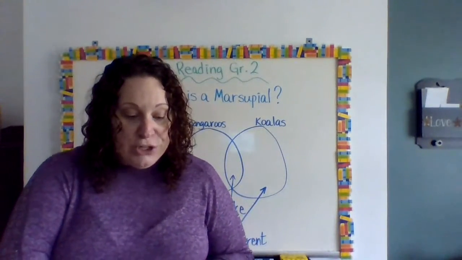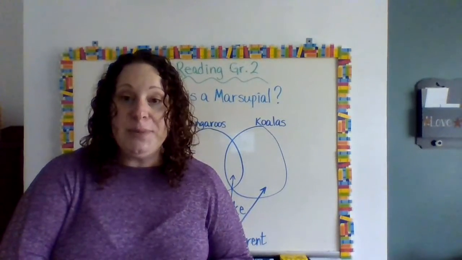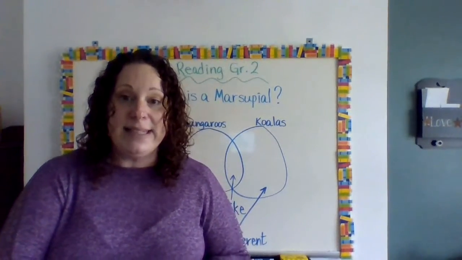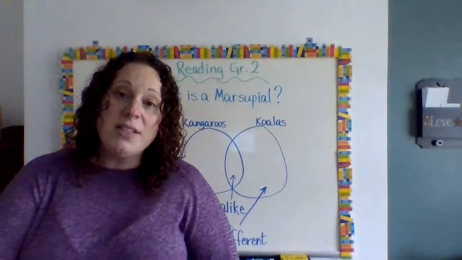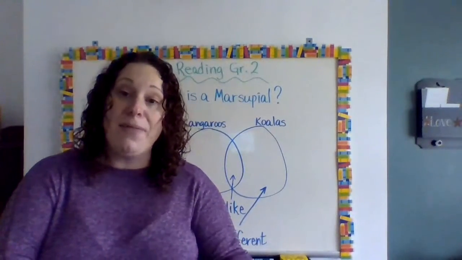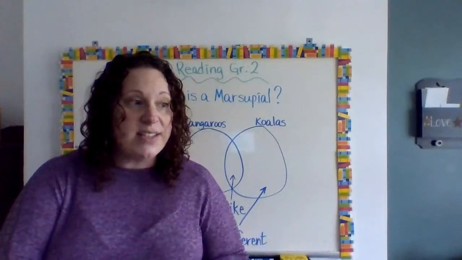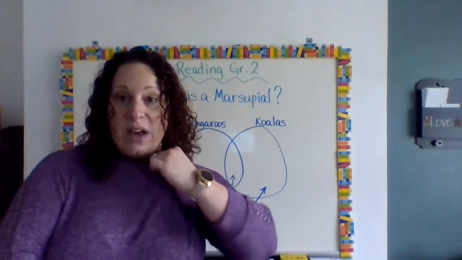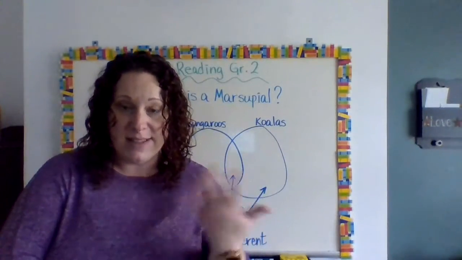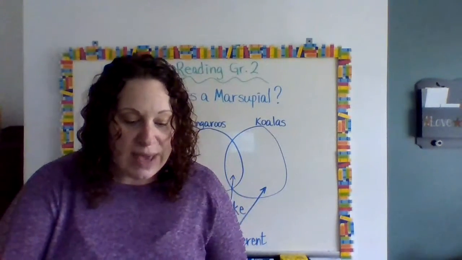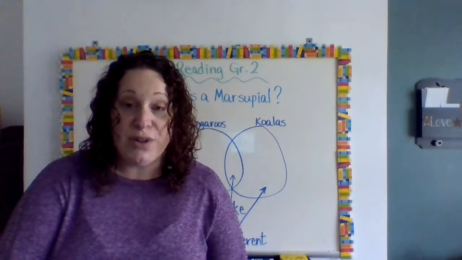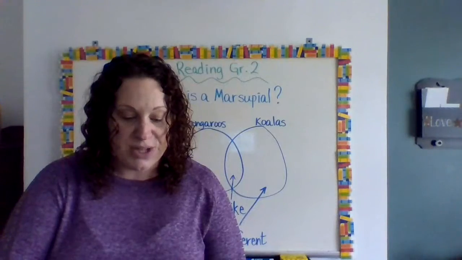So the next bold word we see says habitat. And that we talked about before when we read the story about the owls. If you guys remember, the habitat is just the place where they live. Okay. So kangaroos live in Australia and a few other countries.